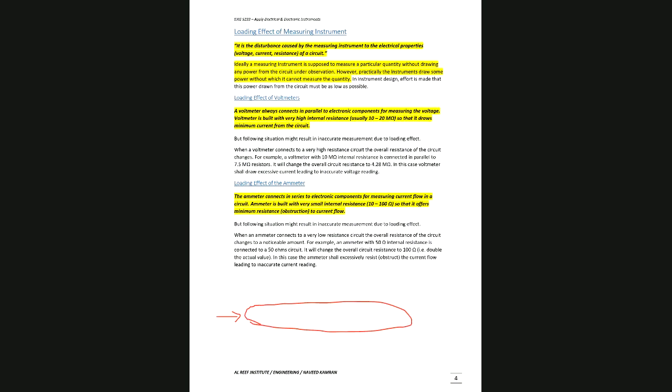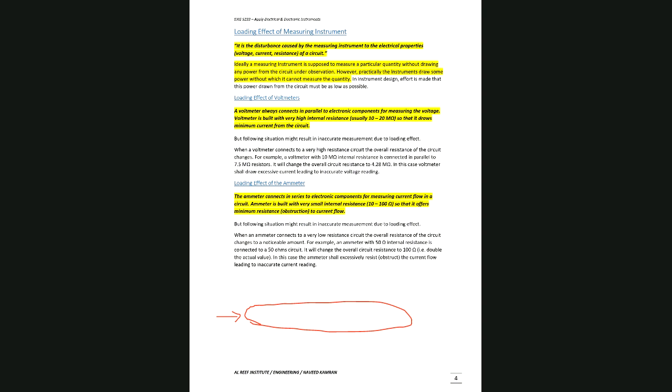Preferably it should be only a few ohms, 10, 20 ohms like that, so that it offers minimum resistance to current flow because we don't want to disturb the circuit. We don't want loading effect. So a good manufacturer keeps the ammeter resistance very low.